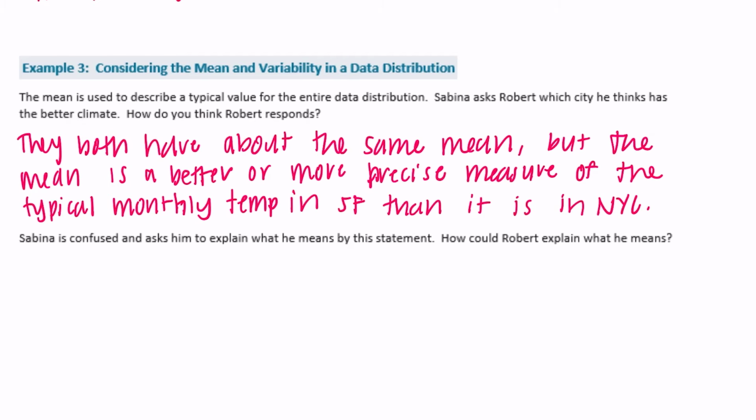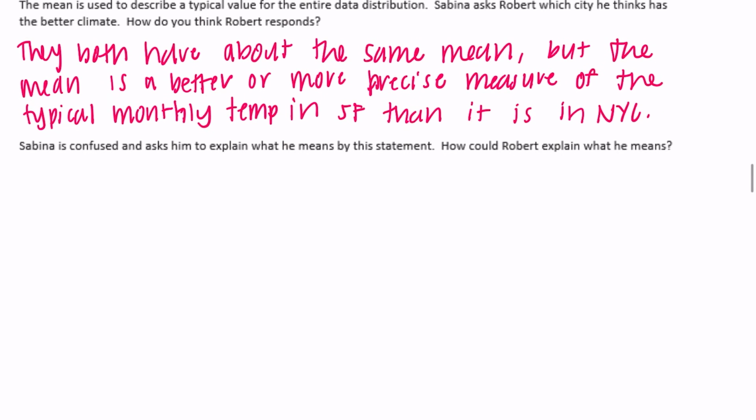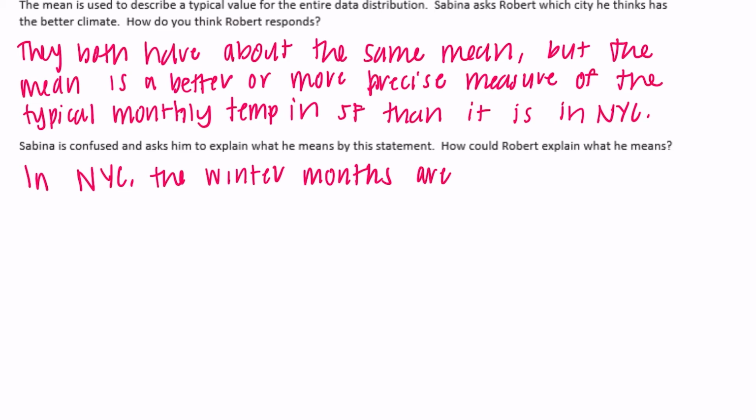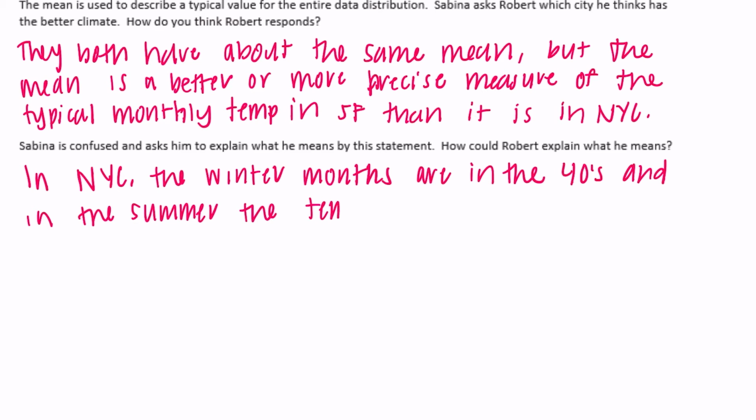Sabina is confused and asks him to explain what he means by this statement. How could Robert explain what he means? So we want to expand a little bit more and say that in New York City, the winter months are colder. Let's say in New York City, the winter months are in the 40s, and in the summer the temps are in the 80s.